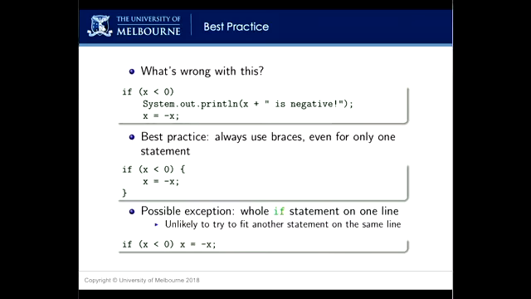So this was a possible exception, but I've turned that off, and I don't particularly favor this, just because in my experience, when I'm coding, I'll always want to add something somewhere, and then it's easier for me just to have everything the way it should be, and then I just add something into the line. It's a very trivial thing, a very minor point for me in terms of adding a couple of brackets and then an extra line.